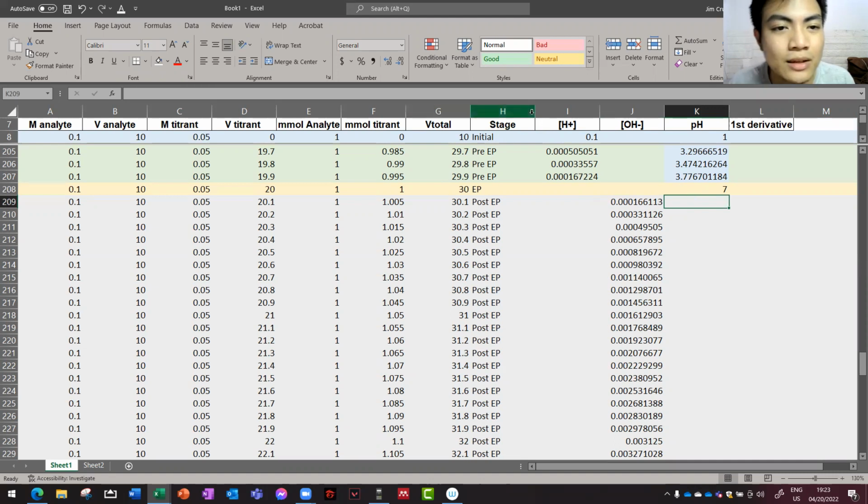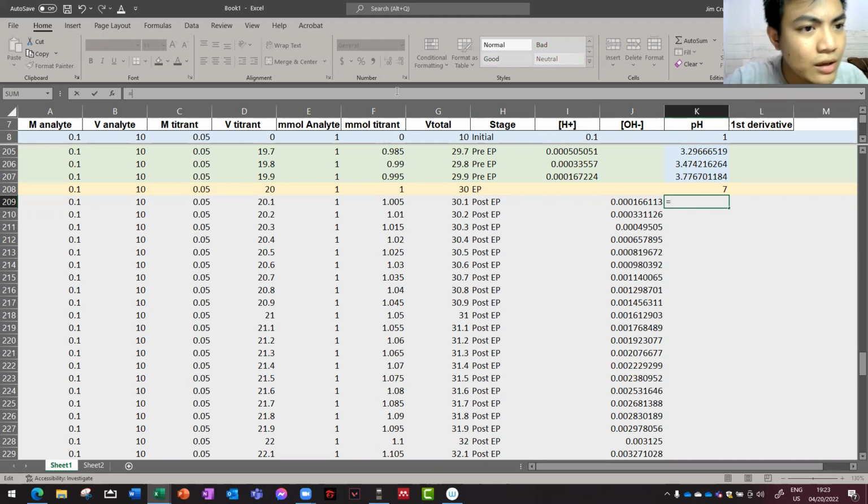So we'll do that: equal sign, 14 minus the pOH, which is negative log of the OH concentration. Yes, there are two negative signs there, because it's minus negative log.